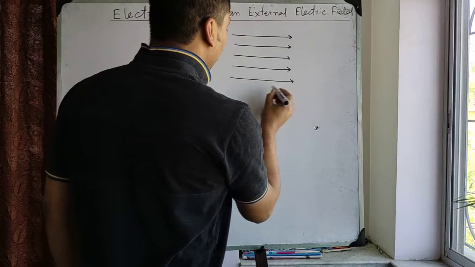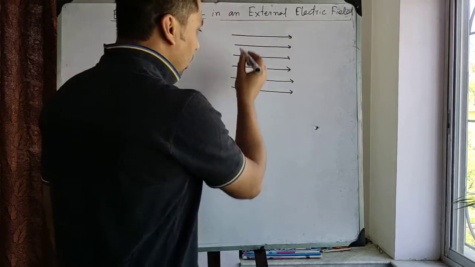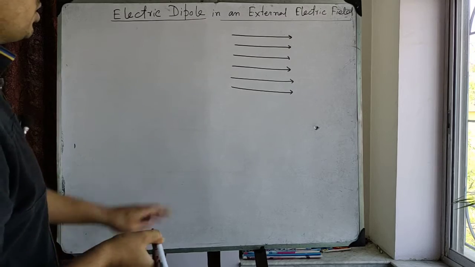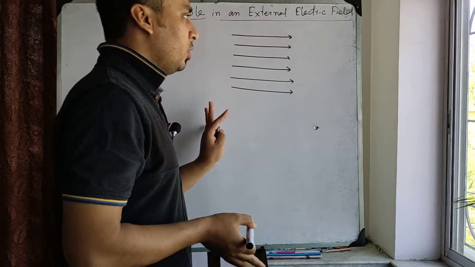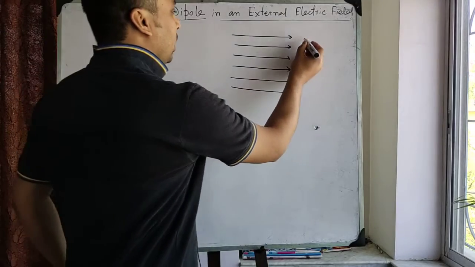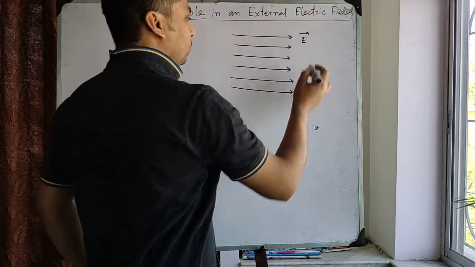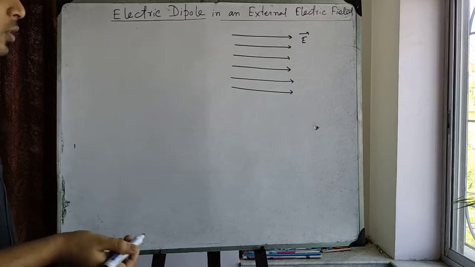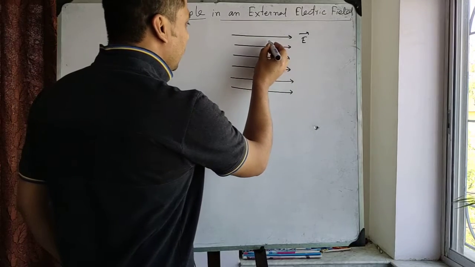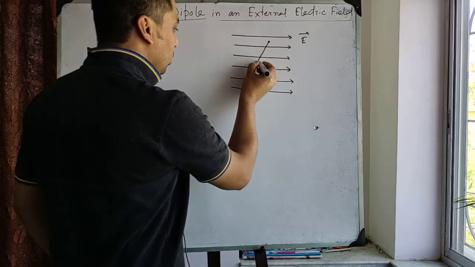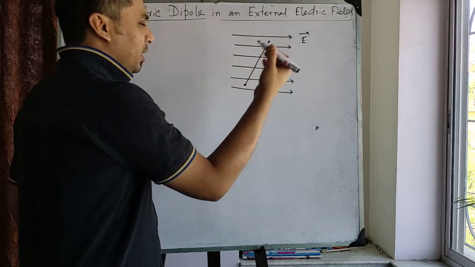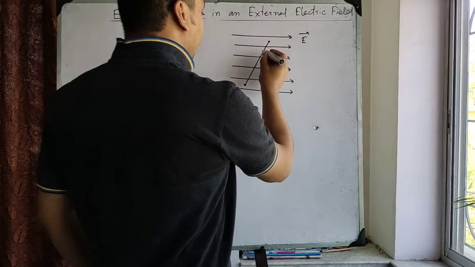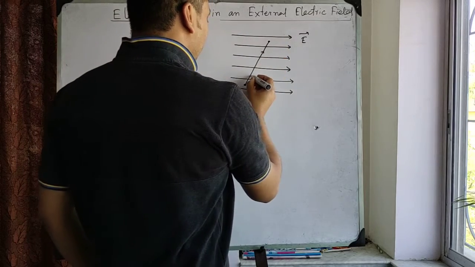So parallel field lines which are equidistant will represent a uniform electric field. So this is the external electric field. These are the field lines due to an external electric field. Now we are going to place the electric dipole at some orientation theta with the field direction.